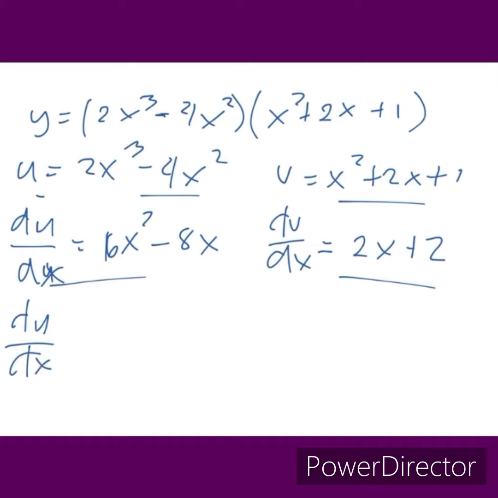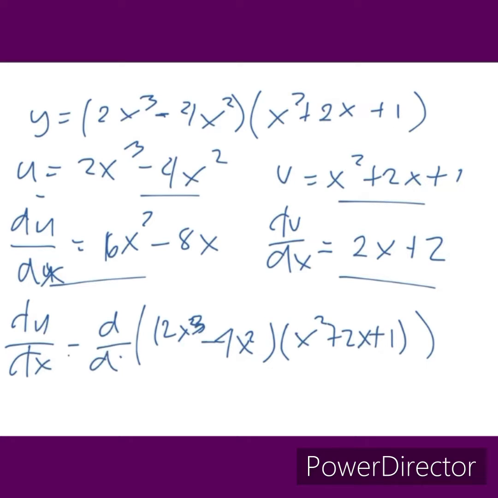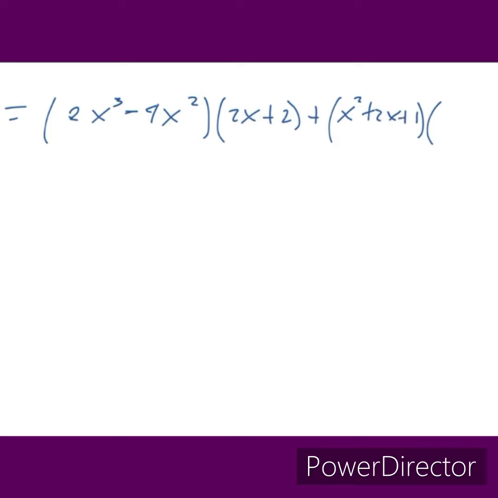So dy over dx is equal to the derivative of 2x cubed minus 4x squared times x squared plus 2x plus 1 is equal to the value of our u, which is 2x cubed minus 4x squared, times the derivative of our v, which is 2x plus 2, plus the value of our v, which is x squared plus 2x plus 1, times the derivative of our u, which is 6x squared minus 8x.